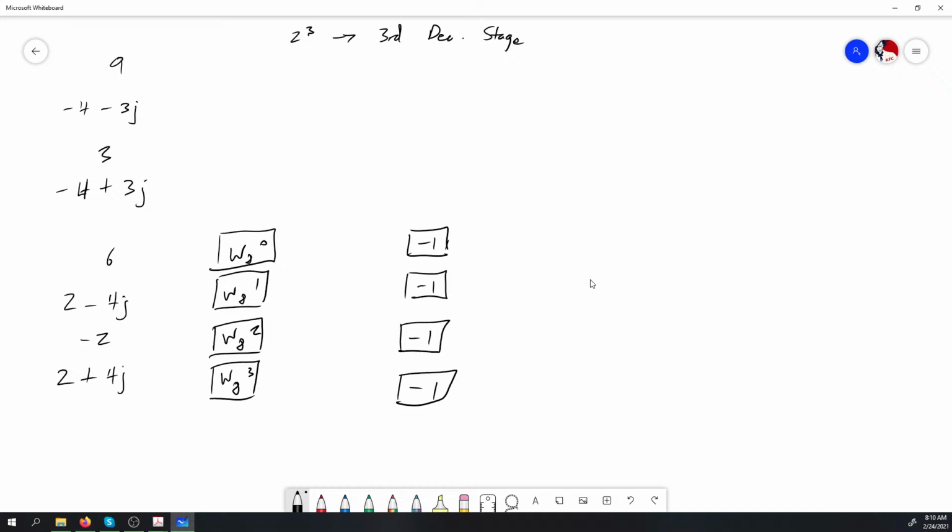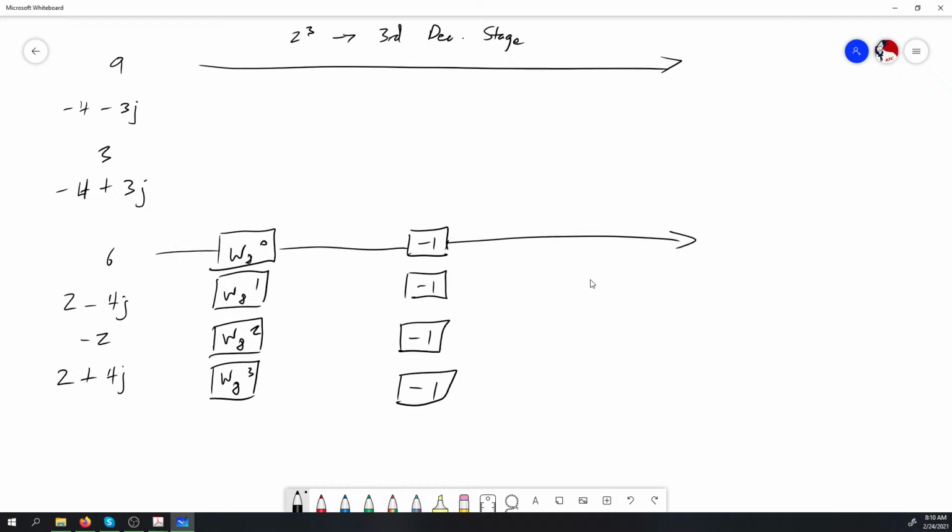So we can draw this arrow here, and this one going across as well. Then between the twiddle factor and -1 there needs to be a cross point. That cross point will go here, and then the next cross point will go here as well, to complete the butterfly for these 2 values.